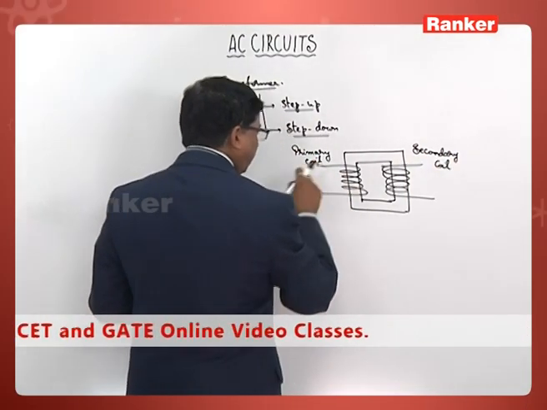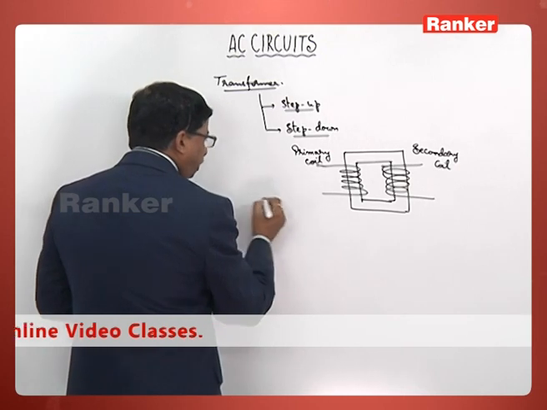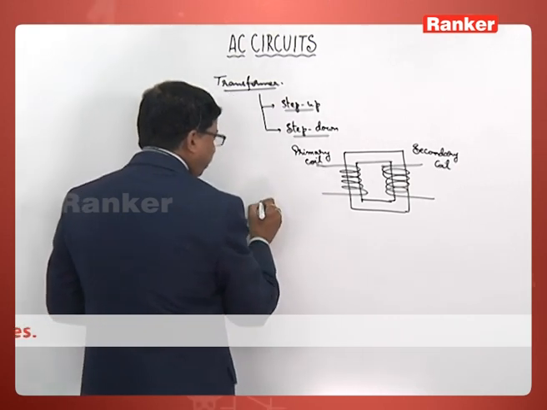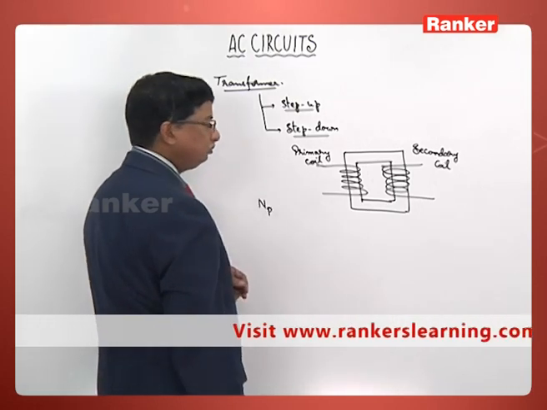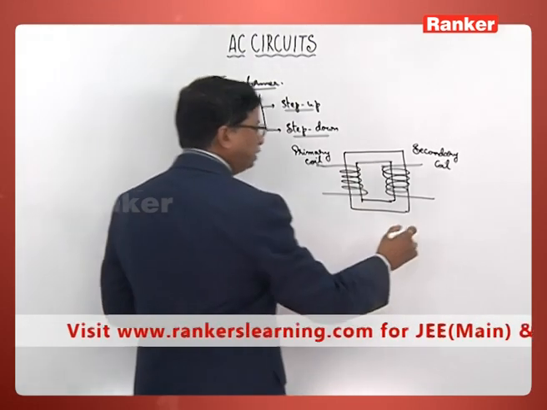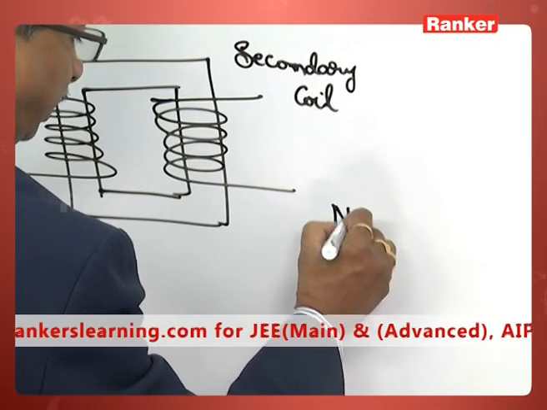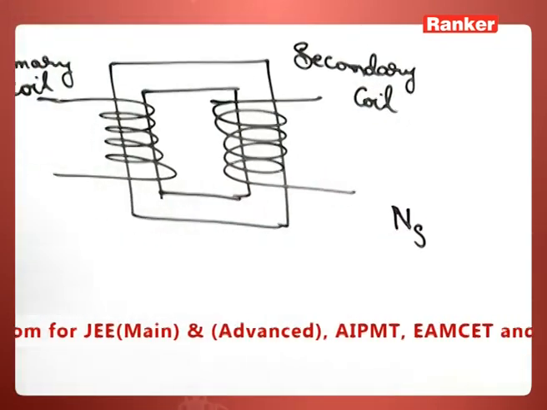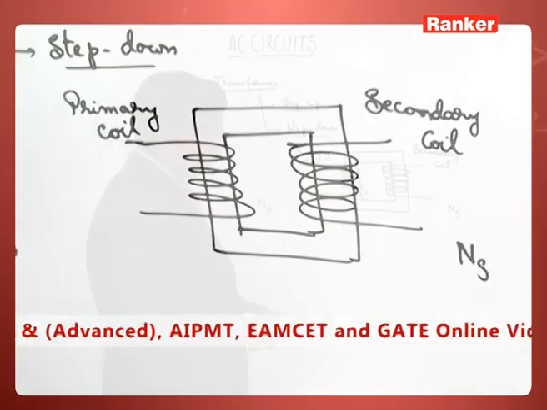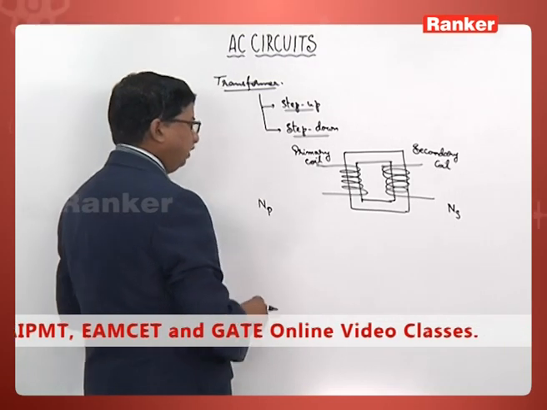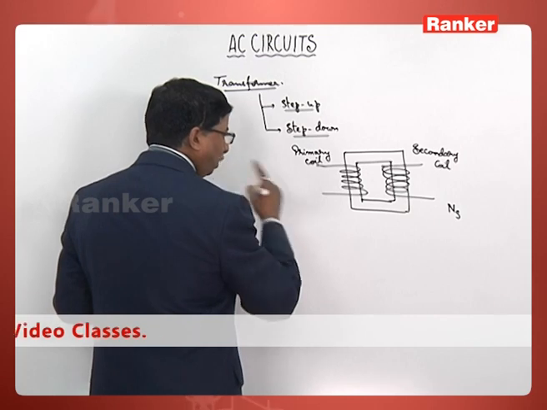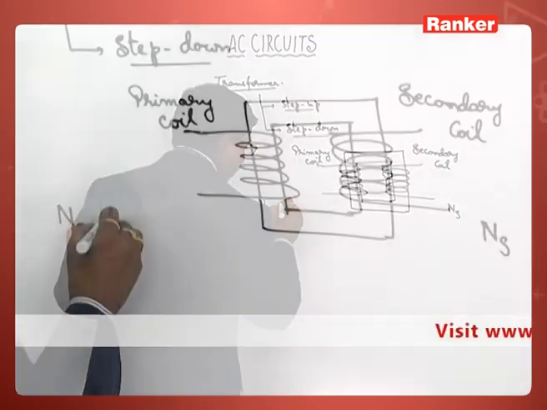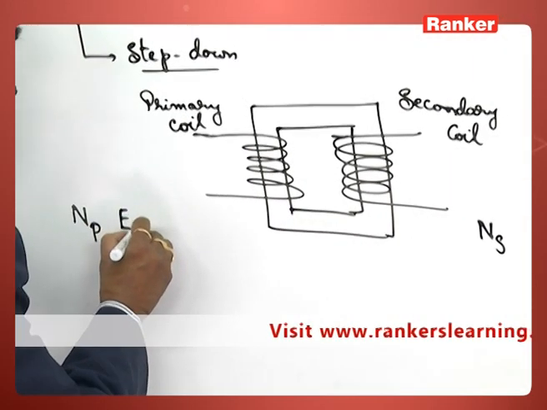When we consider the primary coil, the number of turns in the primary coil, I can write as N primary. The number of turns present in the secondary coil, I take as N secondary. In the same manner, the input value of voltage that we are giving here, I call E primary.